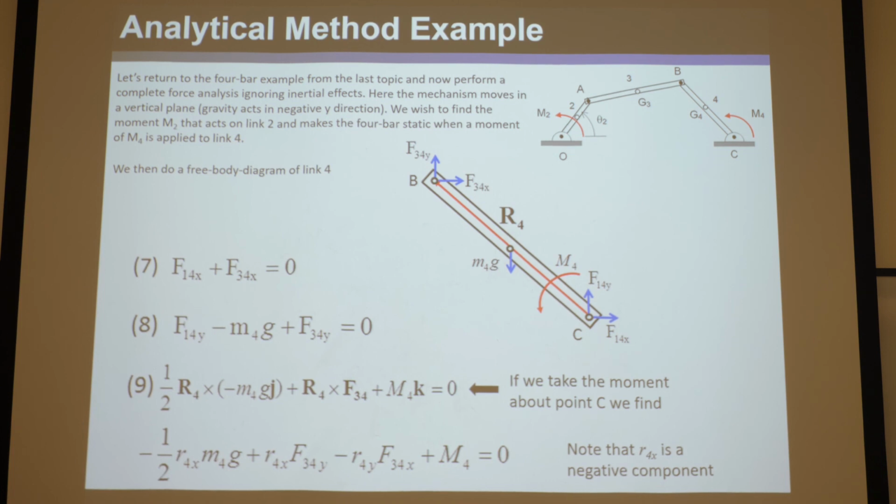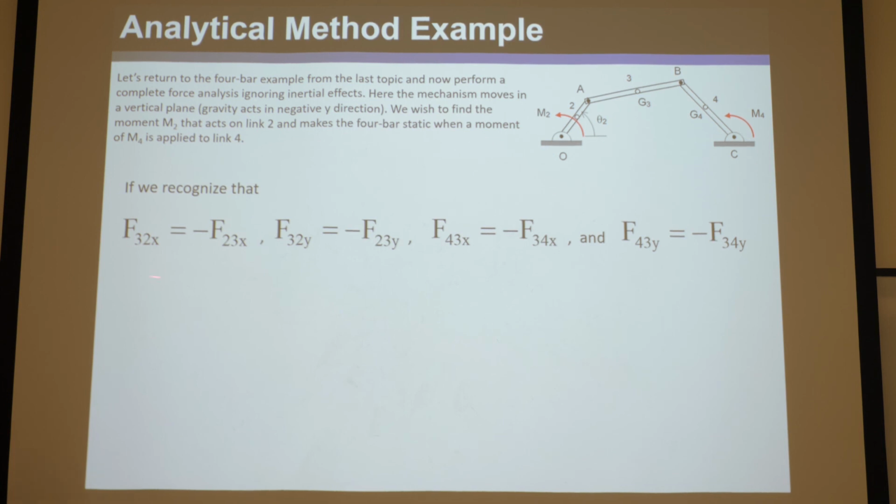And we also don't know M2. So there's really 13 unknowns. And we only have 9 equations. Well, but you might say, we're missing some equations there. And you're right, because those forces at point A and B are equal and opposite.